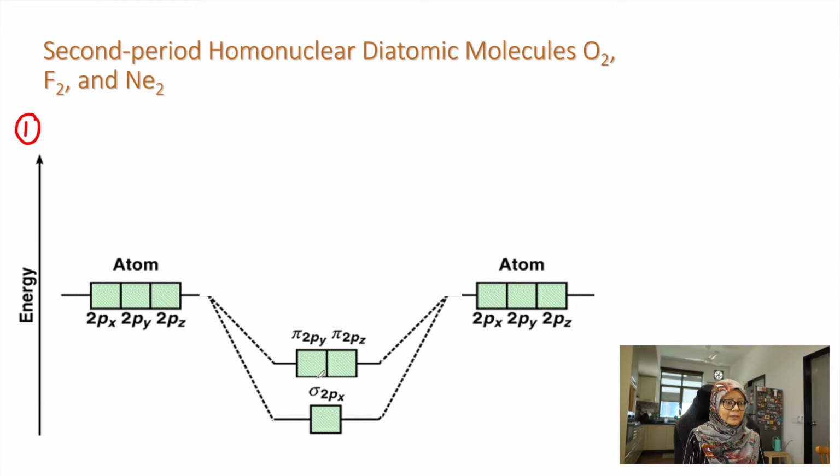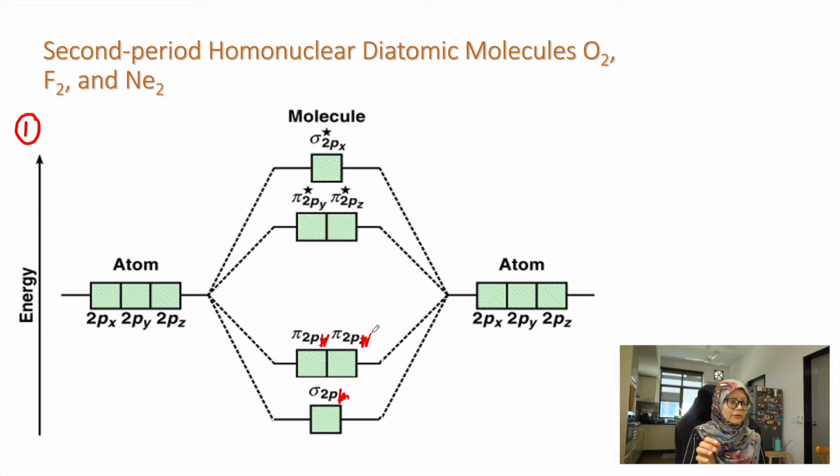At the center here, we start with sigma 2px, and then followed by pi 2py and pi 2pz. Or you can write it down as sigma 2p, pi 2p, and also another pi 2p. After that, we are going to have the pi star 2p, and also followed by the sigma star 2p.